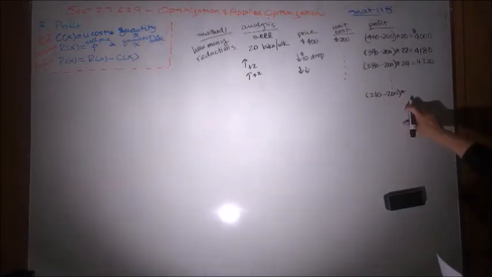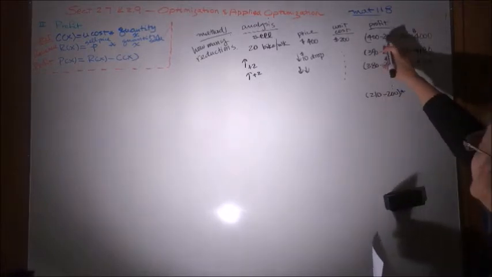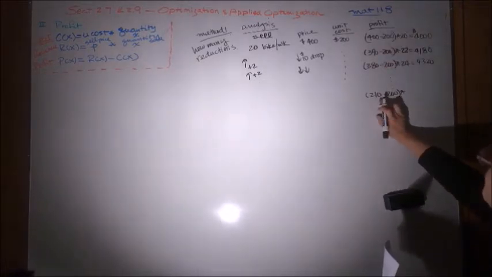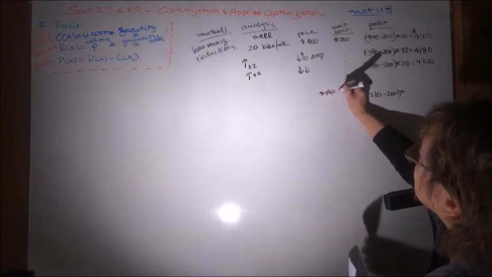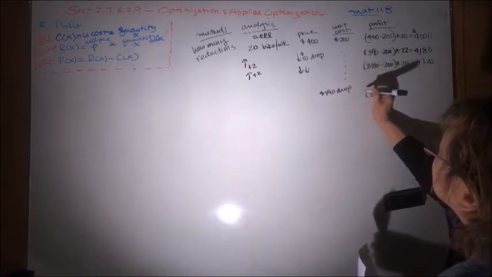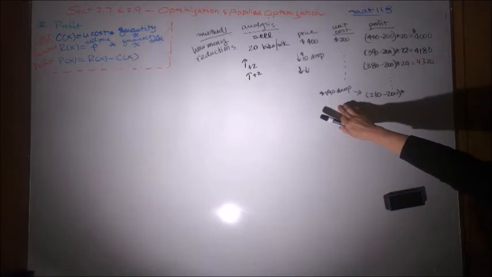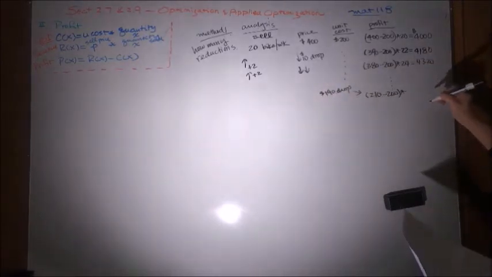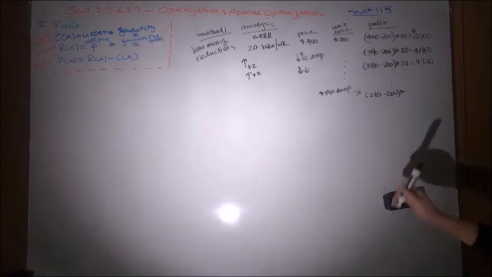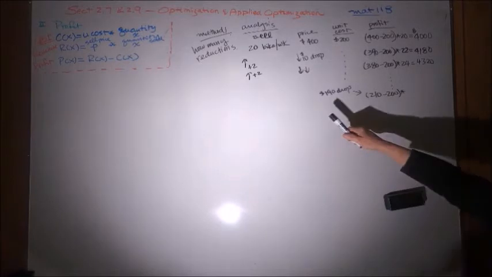From 400 to 210, you dropped how much? $190 drop, right? $190 drop means 19 times 2, so you will sell 38 more bicycles, because for each $10 you sell two more bicycles.